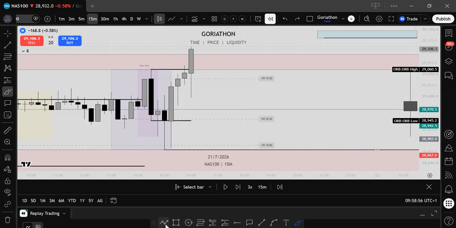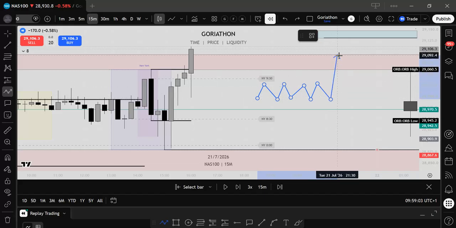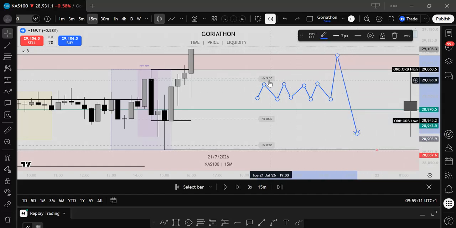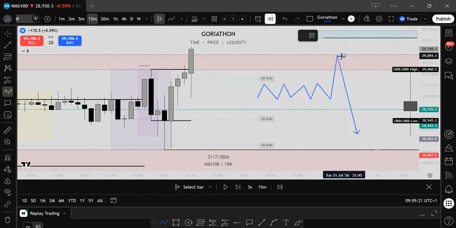If you're expecting price to range within the M15 ORB, and then you expect the price to break up like this, you anticipate the price action to reverse. It's the same thing as accumulation, manipulation, distribution, or build up, inducement, mitigation, and then expansion, ICT concepts, or whatever it is.